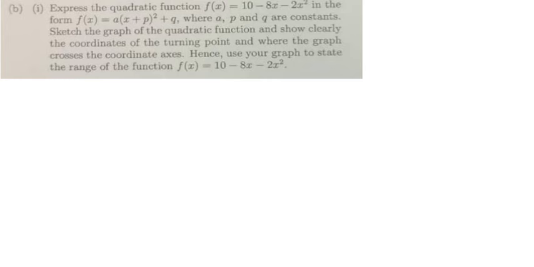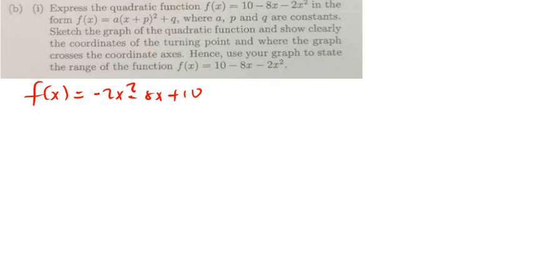So the first thing, I'm going to rearrange this, which is going to be negative 2x squared minus 8x plus 10. Now, using completing square method, putting it in form of that, I'll factor out 2.